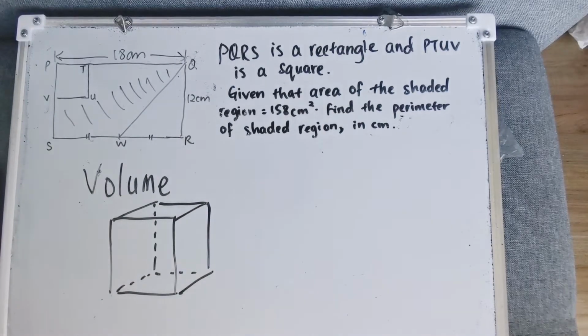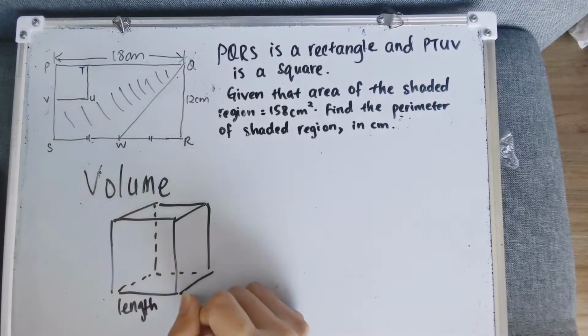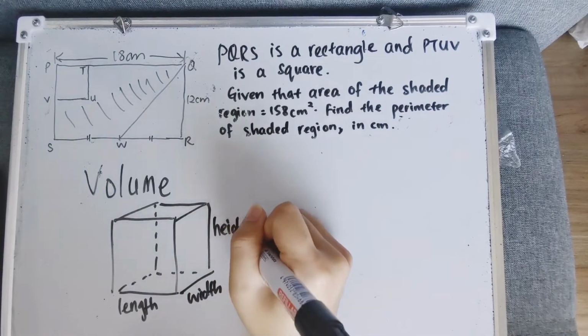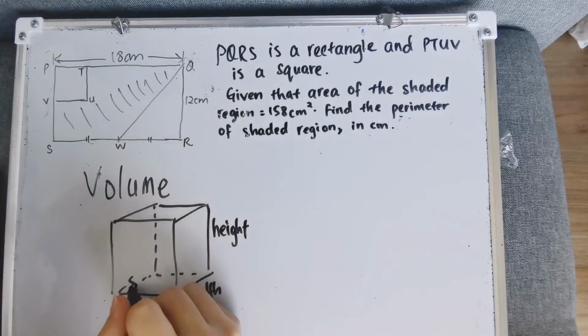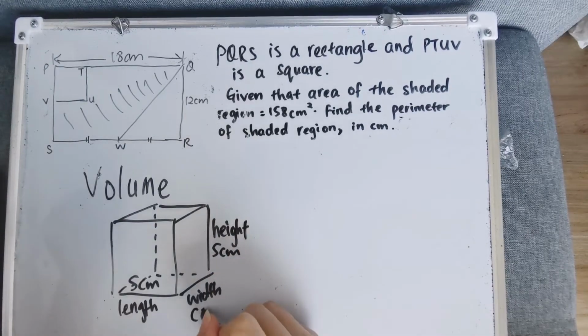For your cube, this is your length, this is your width, this is your height. Let's say this is 5 cm, this is 5 cm, and this is 5 cm.